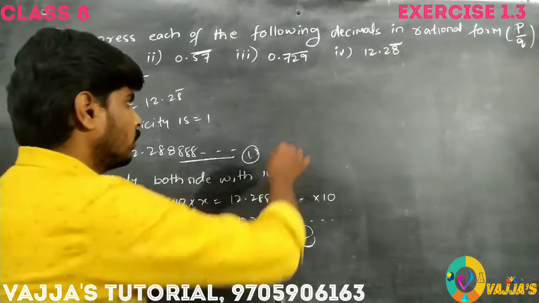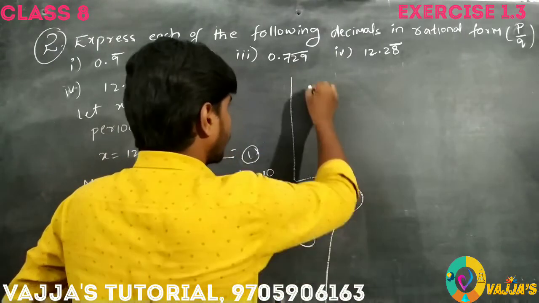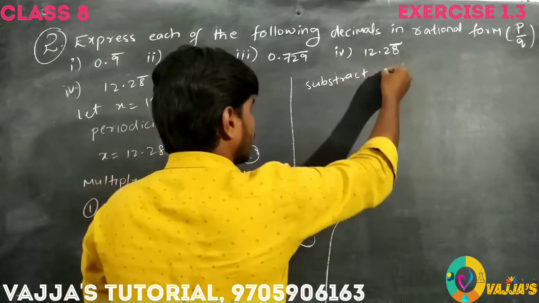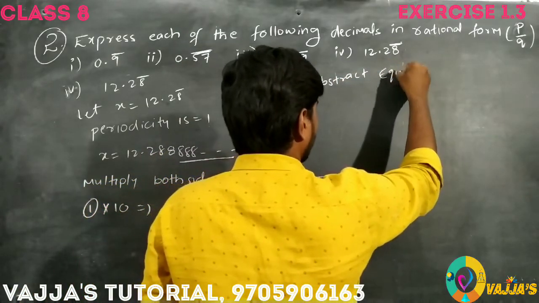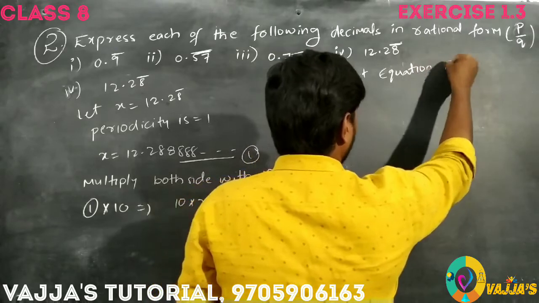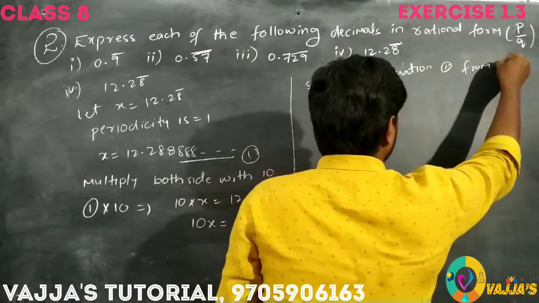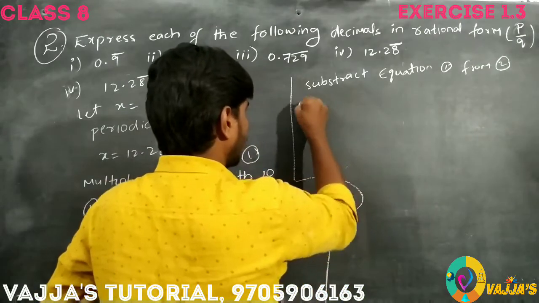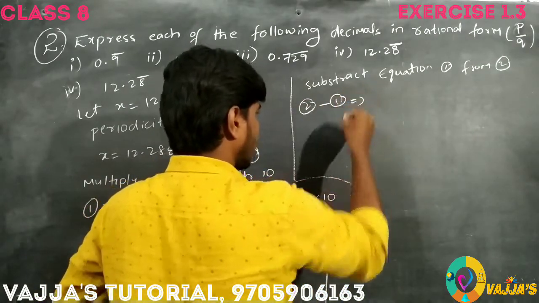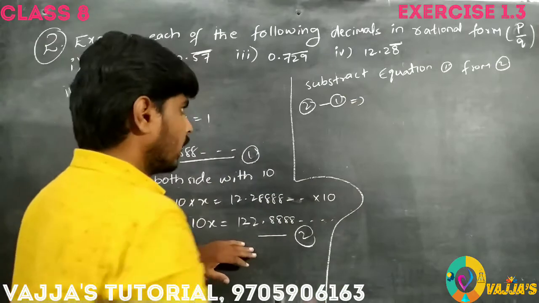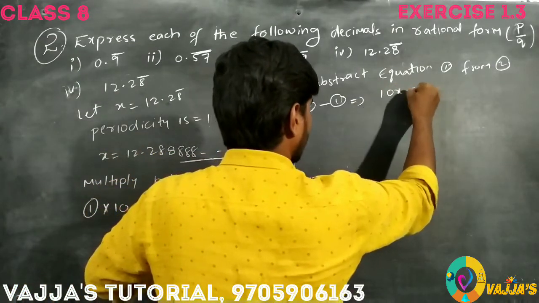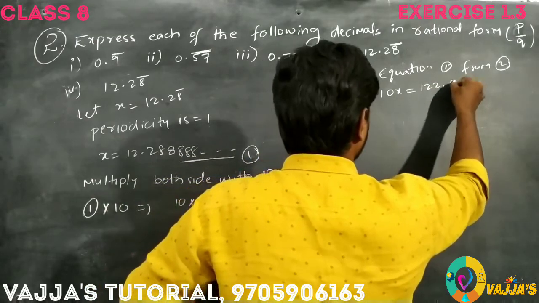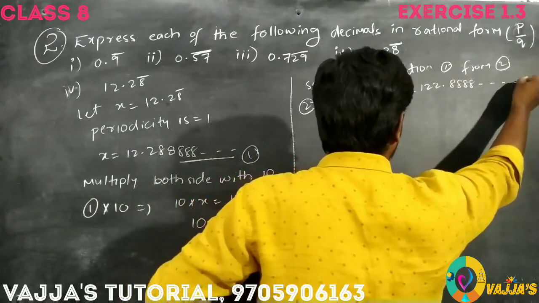Okay, now subtract equation 1 from 2. Okay, so what becomes? We are doing here 2 minus 1, that implies, what is equation 2? 10x is equal to 122.888 and so on.